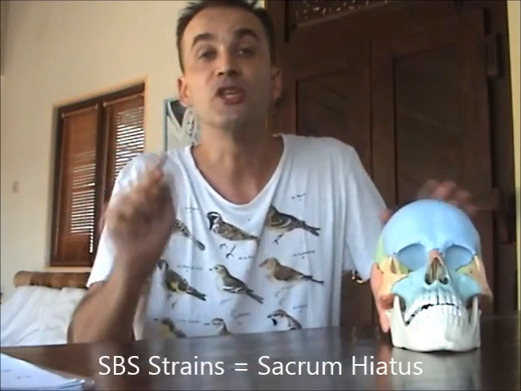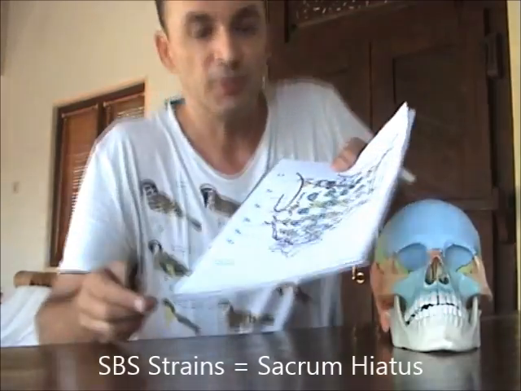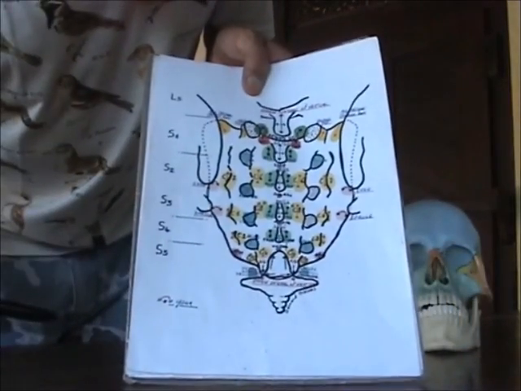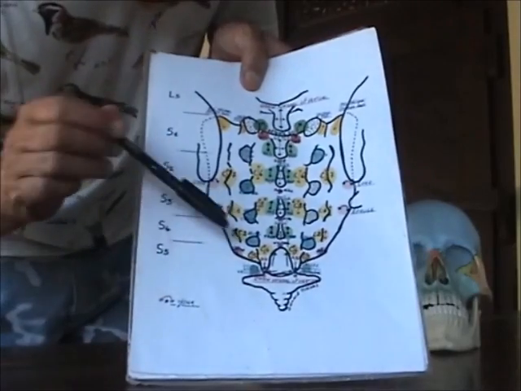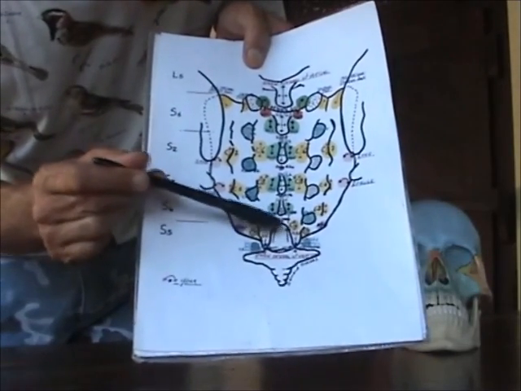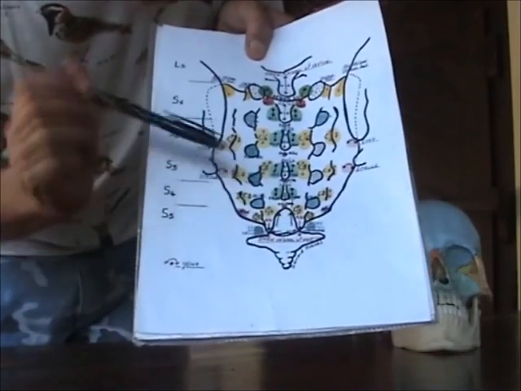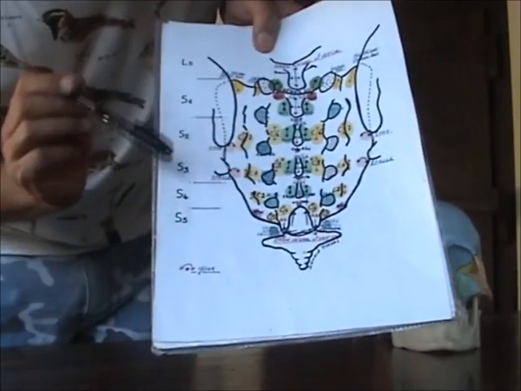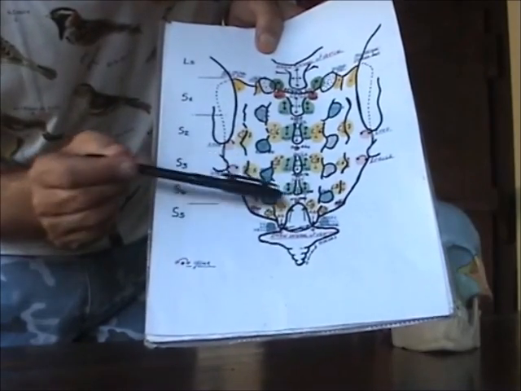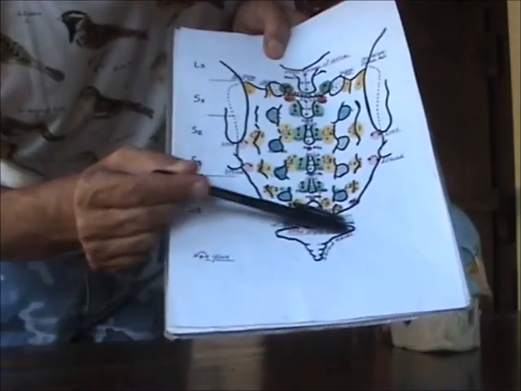We're going to work on the hiatus of the sacrum, this part of the sacrum. So this is the sacrum from Maurice POIE with the energetic networks. The hiatus is this hole into the sacrum between the sacrum and the coccyx, the tailbone, and we're going to work energetically in the hiatus to restore the strain of the SBS, vertically and horizontally.